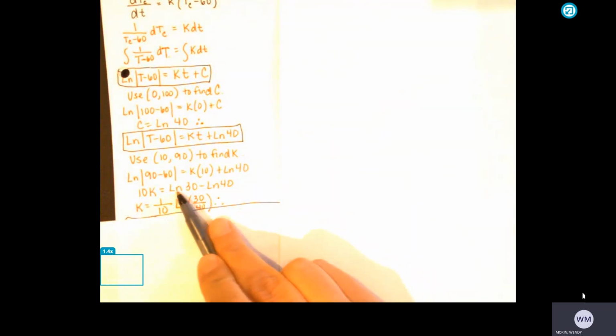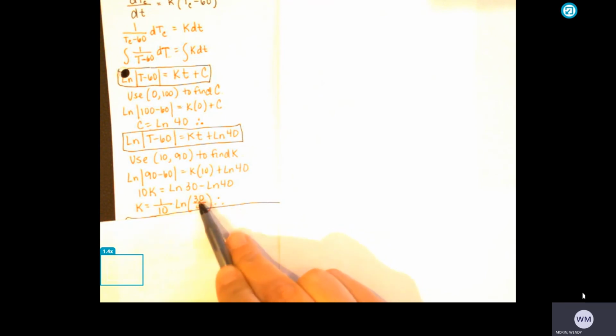Again, I'm just giving you some time to copy this down. If you need to pause the video, feel free. Okay, so here comes our log properties into play. When you subtract two logs, you divide the values. I used my quotient property of logarithms.